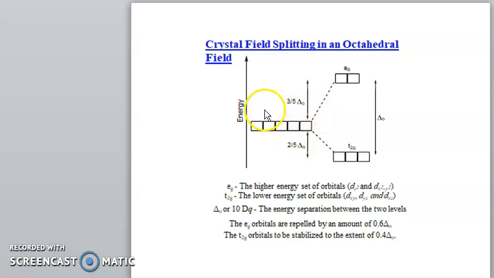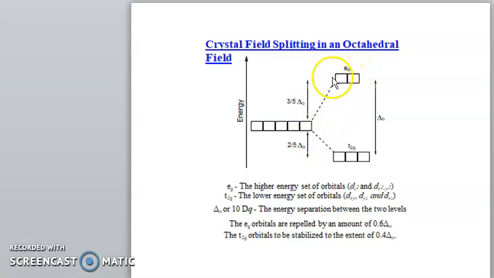When they split into T2G and EG, these three, dxy, dyz and dxz, form one set referred to as T2G, and dx square minus y square and dz square are referred to as the EG orbitals.